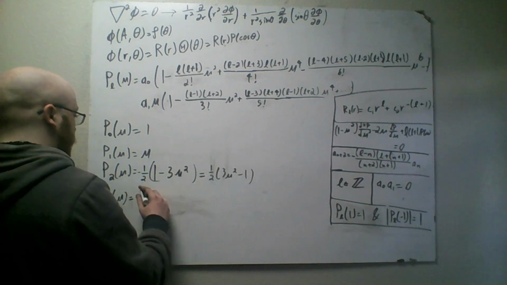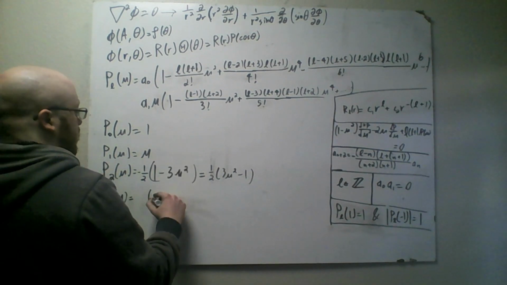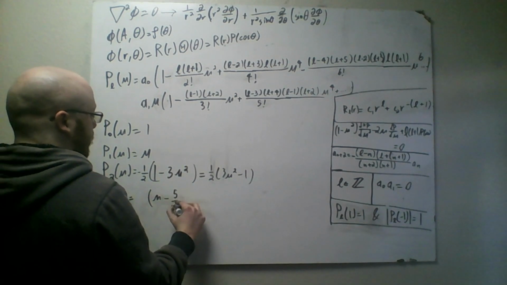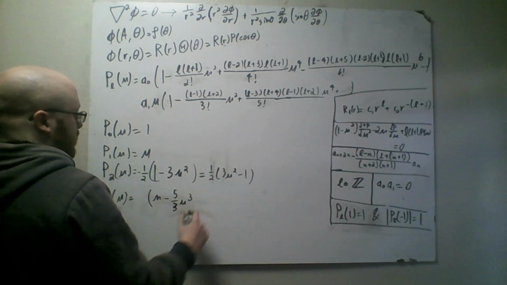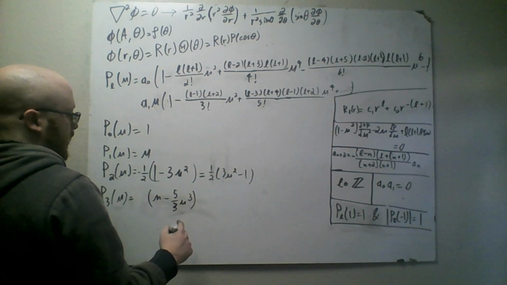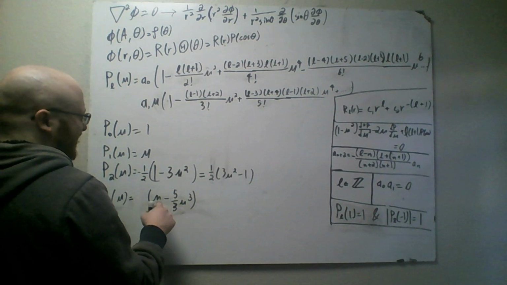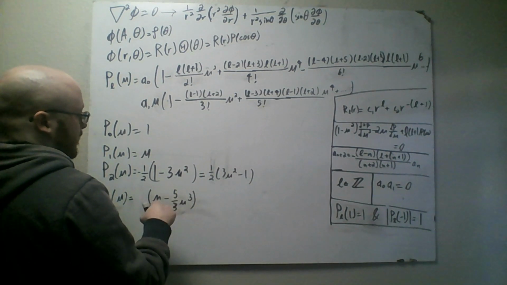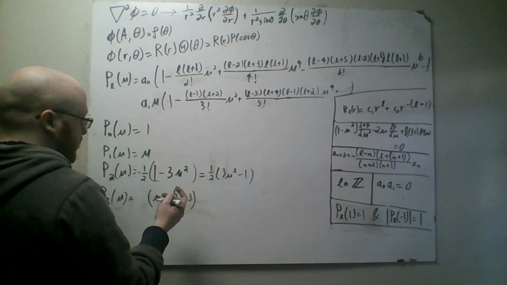So yeah, you get mu minus, once again, 5/3 mu cubed. But you plug in 1 here, you end up getting negative 2/3. That's not great, so you multiply that by 3/2, right?